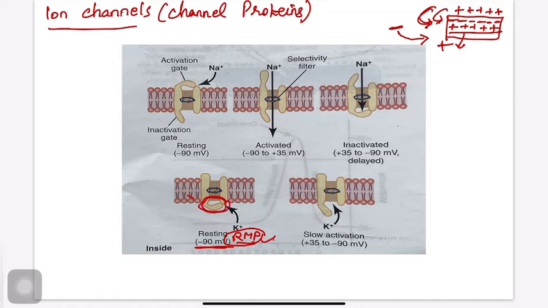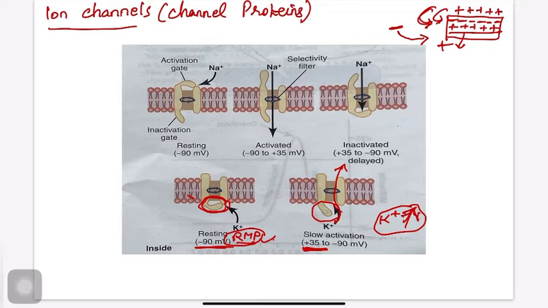When the resting membrane potential gets depolarized and reaches plus 35 millivolt, the gate of the potassium channel opens and allows potassium efflux. As potassium concentration is higher in ICF than in ECF, potassium moves out of the cell.